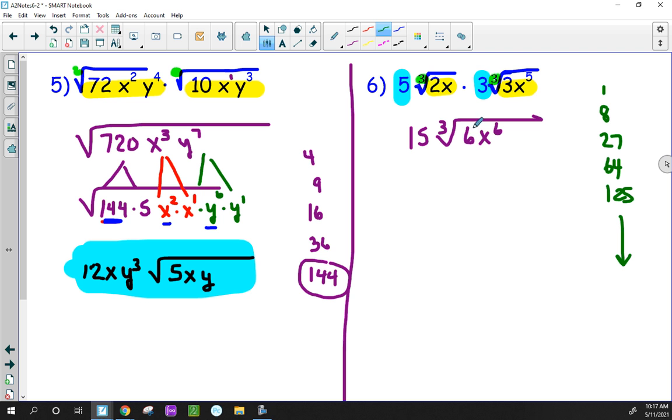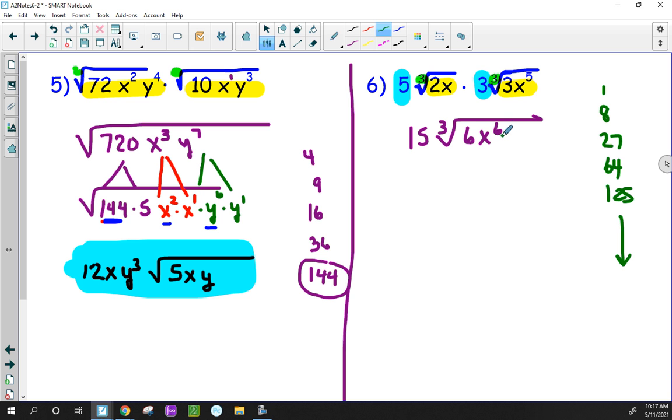So 6 is simplified already. There is no perfect cube that divides into 6. So I have to leave 6 where it is. There's nothing else to do with it. So when a number underneath the radical doesn't work on your calculator and give you a whole number back, and there's no perfect cube or square that goes into it, it's already simplified. It stays where it is.